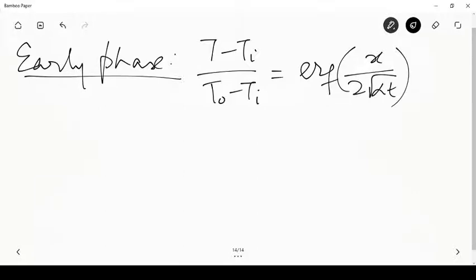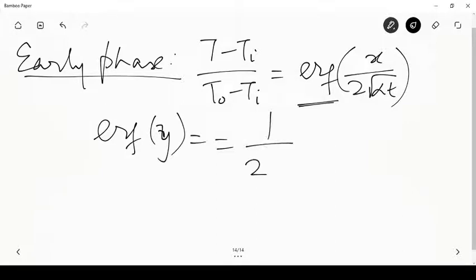This is the expression that you would get, where this error function is a standard mathematical function coming from the Gaussian normal distribution. So f of some value y is equal to 1 over 2 root pi, integral from 0 to y of e to the power of minus m squared dm, if you would like.